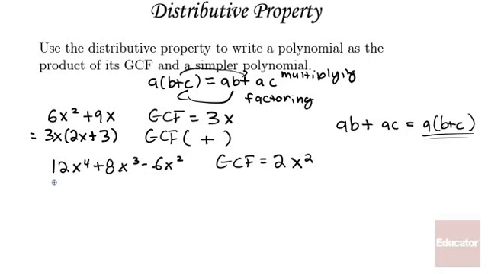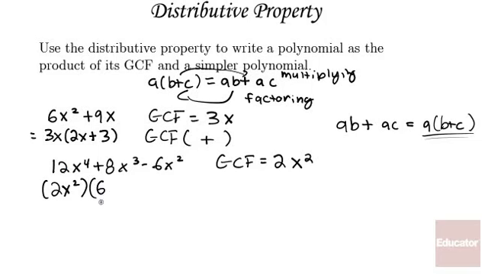Okay, so looking at what I have, my greatest common factor, 2x squared, and I'm going to then write a simpler polynomial with the terms that are left after I pull out the 2x squared. So if I take 2 out of 12, that's going to leave me with 6.